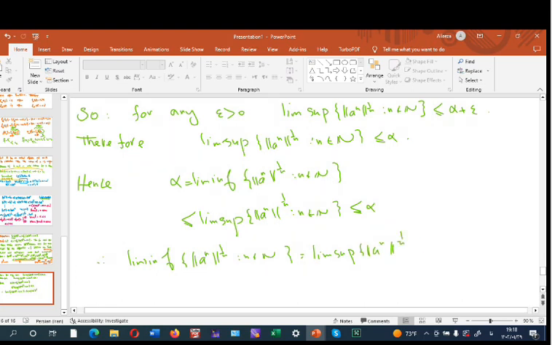And finally, we denoted this by alpha, this shows that this limit must be alpha.